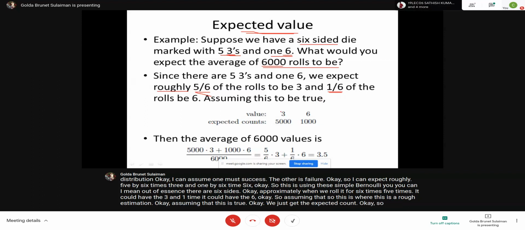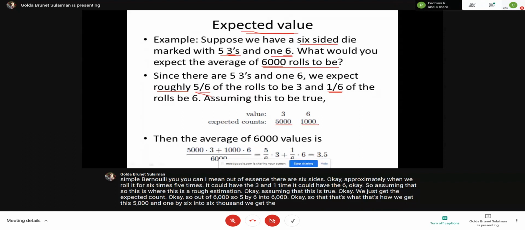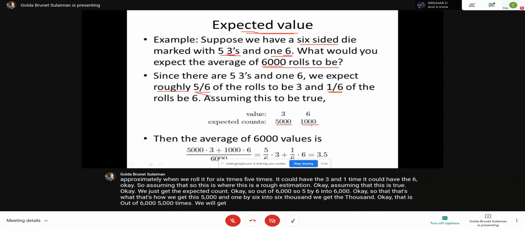Out of 6,000, 5 by 6 into 6,000 gives 5,000, and 1 by 6 into 6,000 gives 1,000. Out of 6,000, 5,000 times we will get 3, and 1,000 times we will get 6.